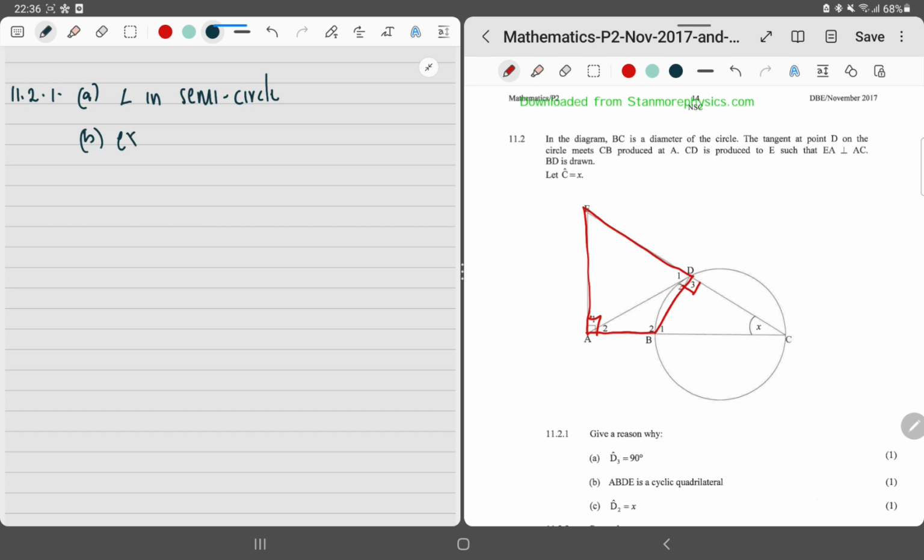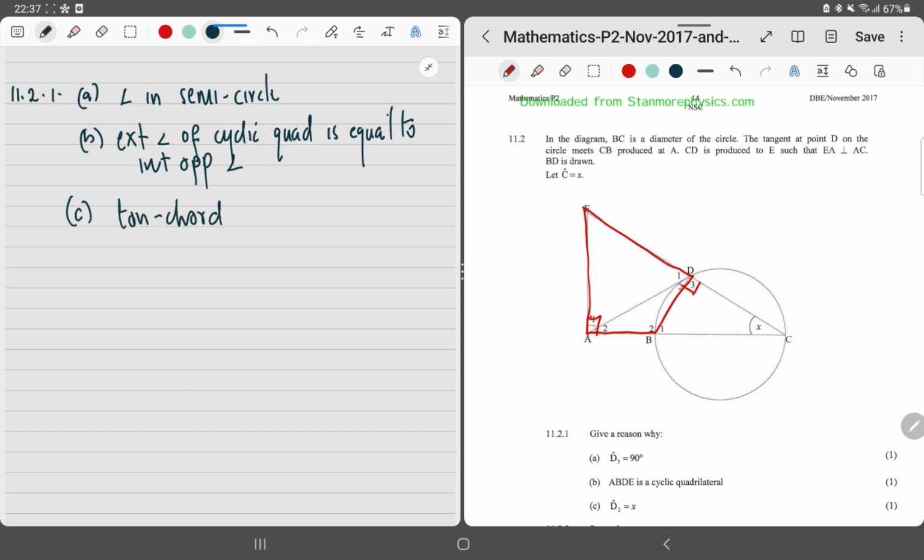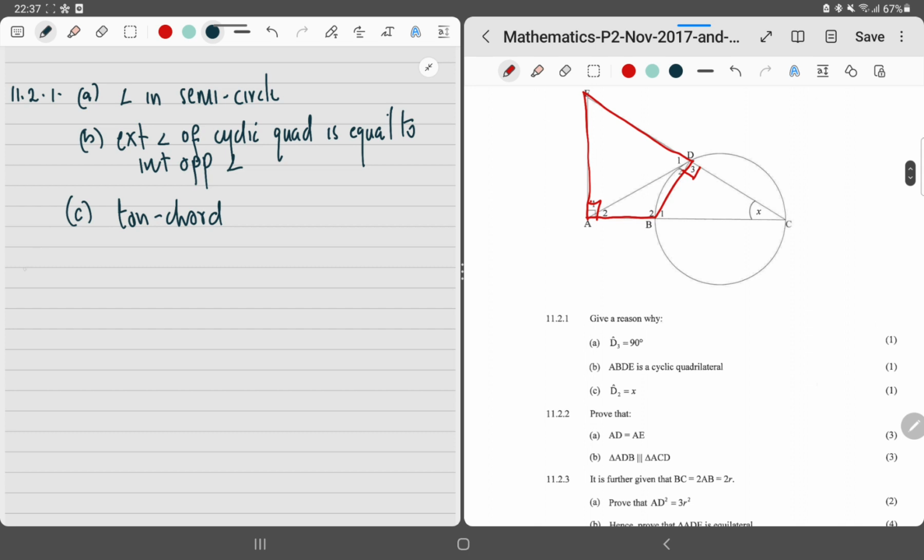So it's the exterior angle of a cyclic quad is equal to the interior opposite angle. And then C, D2 is equal to X. Well, that's because of the tan chord.